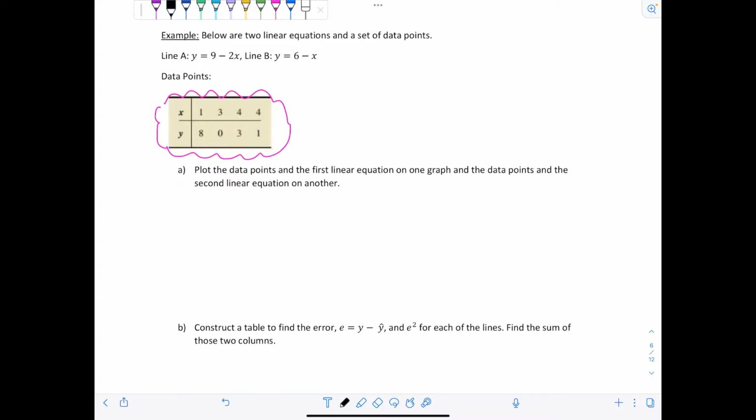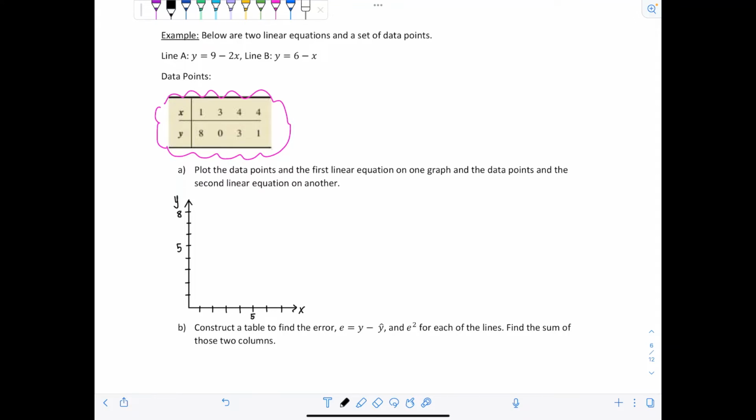Okay, so I'm gonna only draw the first quadrant because everything's positive, right? Look at x and y. So I'll say this is x, this is y. 1, 2, 3, 4, 5, 6, 7, 8. And then 1, 2, 3, 4, 5, 6, 7.